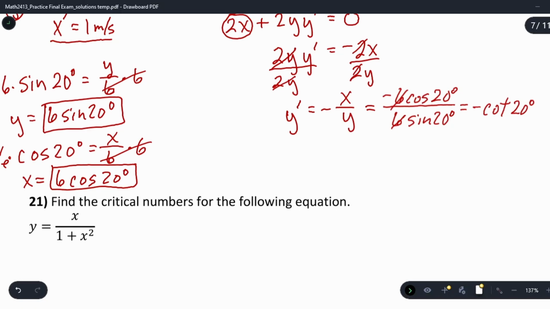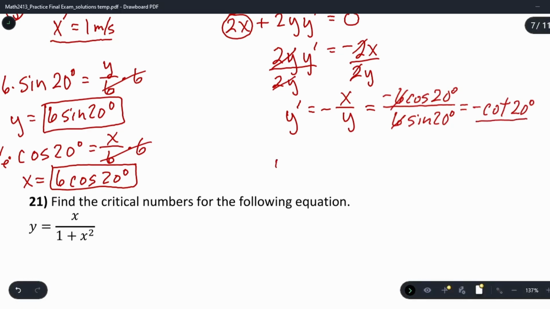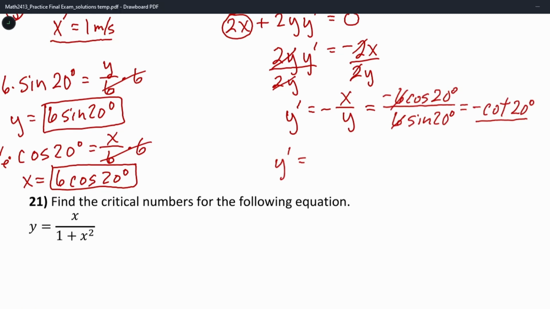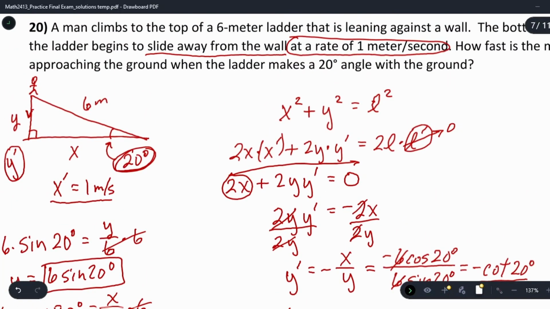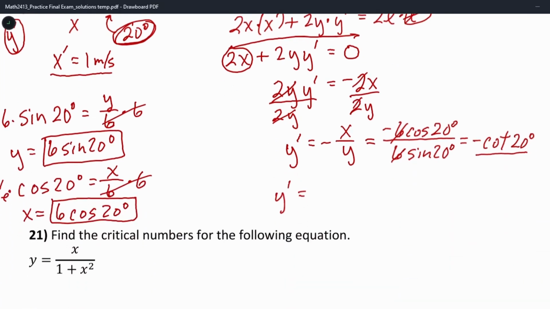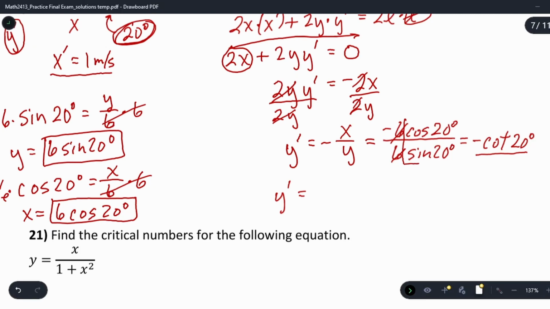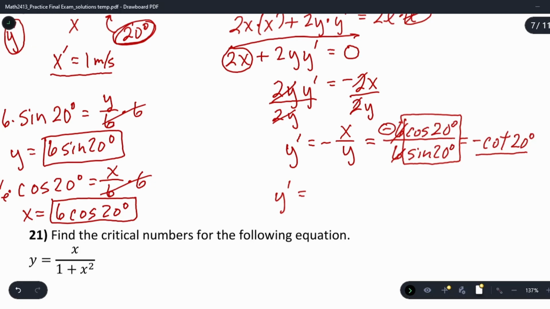Since that's not going to be a nice number, that would be the exact value. But I do want to approximate that, say, to the nearest 10th or 100th. It doesn't specify in the problem where they want us to round to, but we can approximate that value. To do that, I'm going to use my calculator and input cosine 20 over sine 20 and make that a negative.